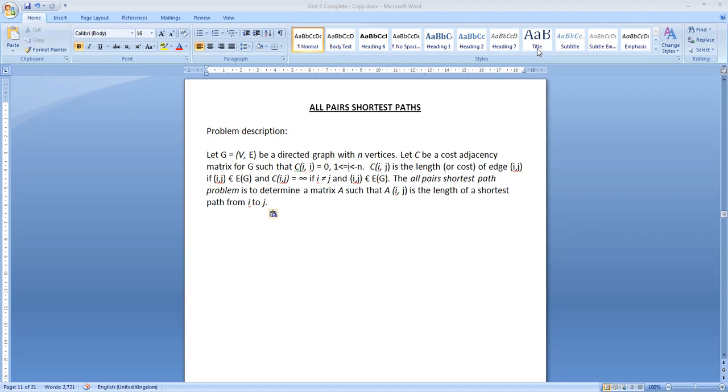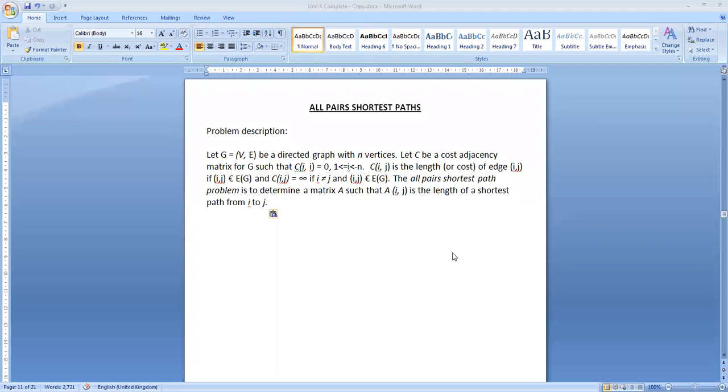Now in this class we are going to discuss another problem, the all pairs shortest path problem. This is also a problem involving graphs.